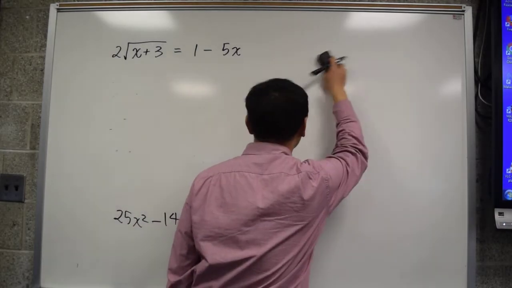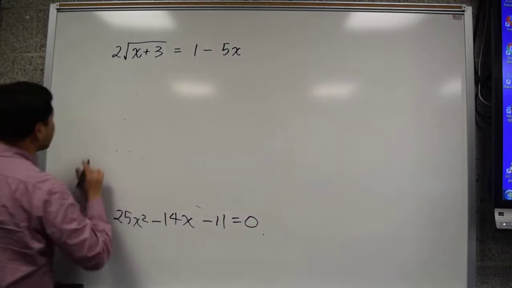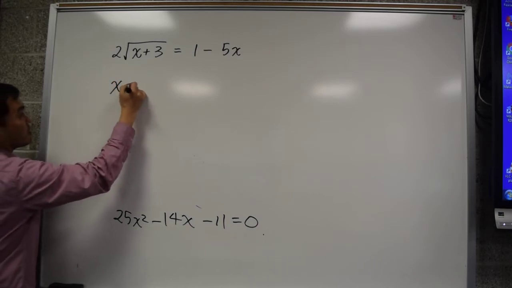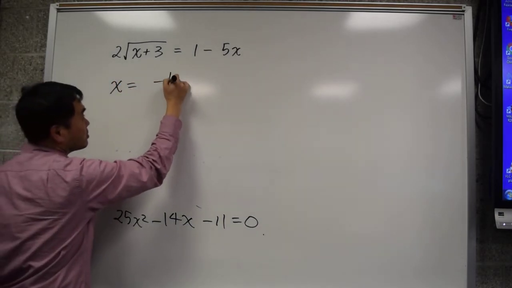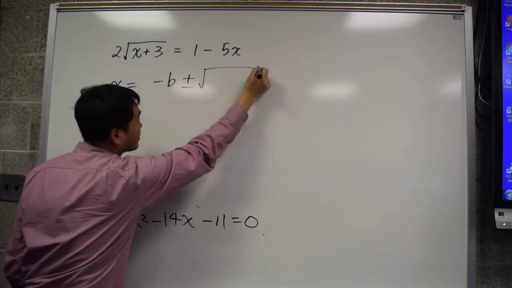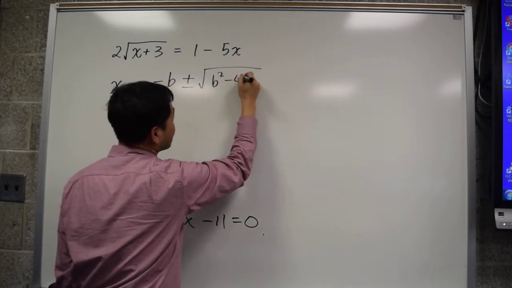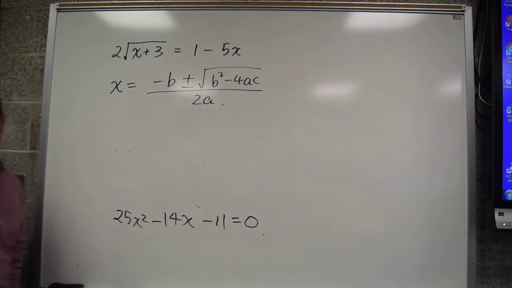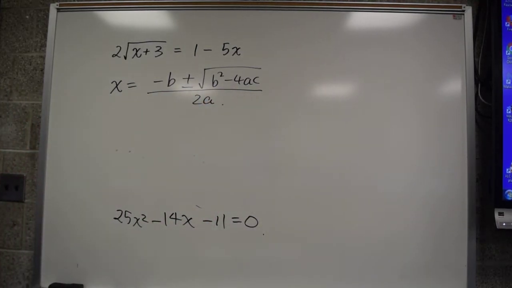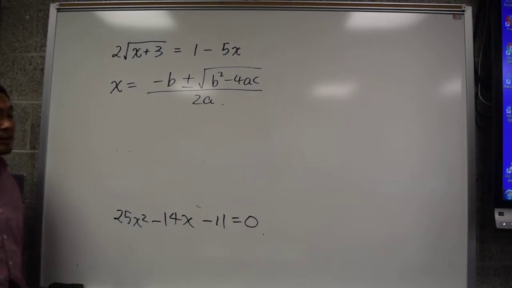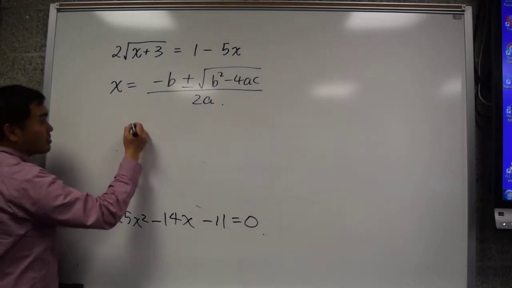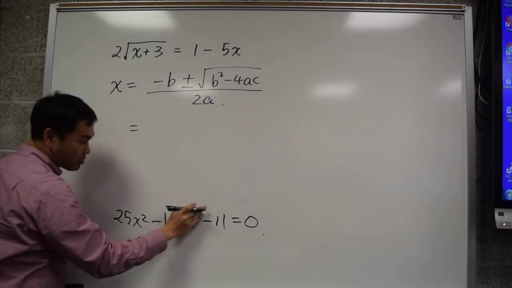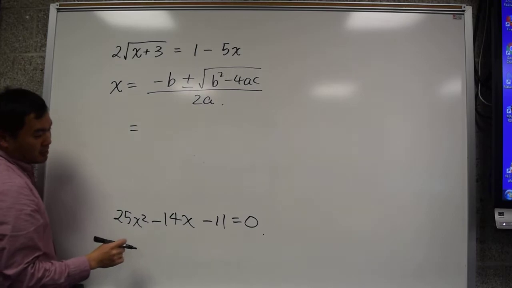Can someone recite the quadratic formula for me? x equals? Negative b plus or minus square root of b squared minus 4ac, over 2a. Unfortunately, this is a long formula, but you have to memorize it. So let's apply this. And I apologize that the numbers are big.